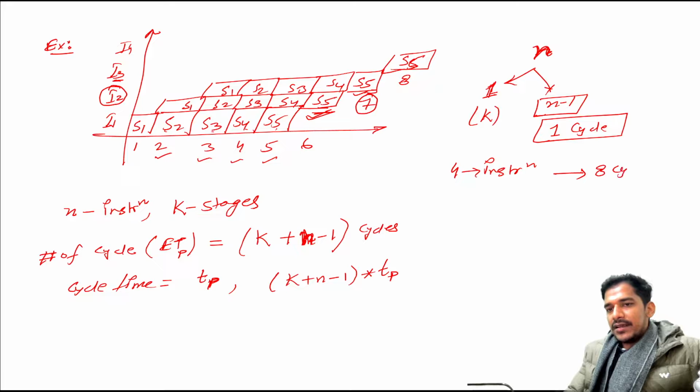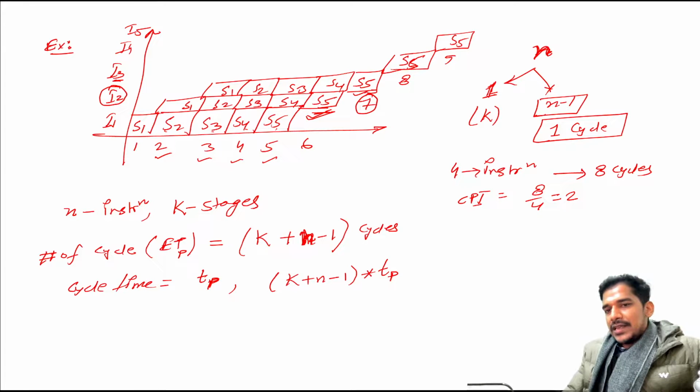That means CPI here is 8 by 4, that is 2. CPI is 2 right now when we have only 4 instructions. When you keep increasing the instructions, for example, the 5th instruction will be executed in the 9th cycle, right?